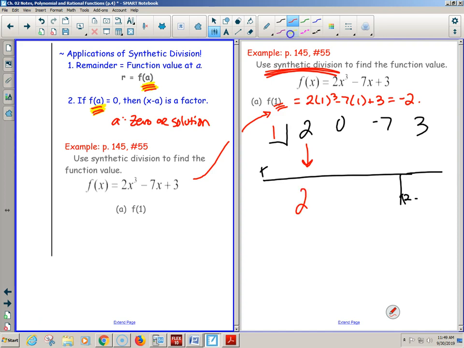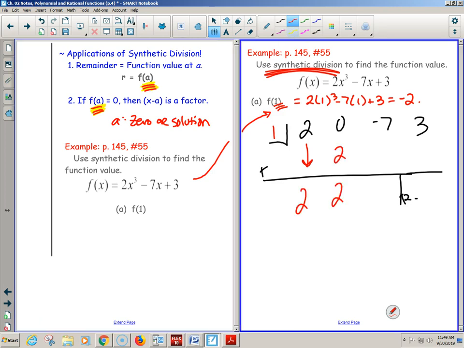So I'm bringing down, I'm multiplying, I'm bringing down, I'm multiplying, I'm bringing down, I'm multiplying. Oh, sorry, times 1, not times 2. Check it. What's 3 minus 5? Negative 2.